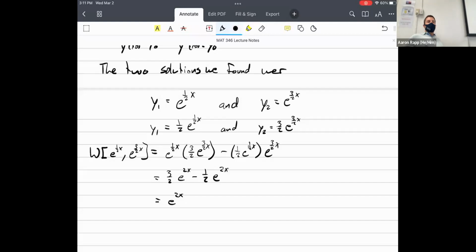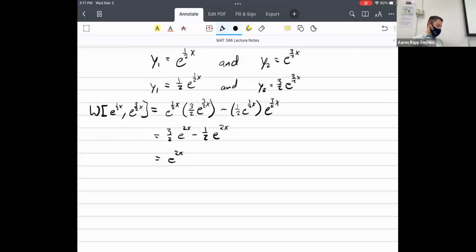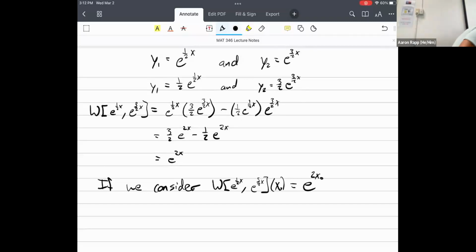So then when I consider this Wronskian, all I need to do is say, okay, if I plug in x0, so the Wronskian of these two functions at x0, well, that's just going to be e to the 2 times whatever x0 is.